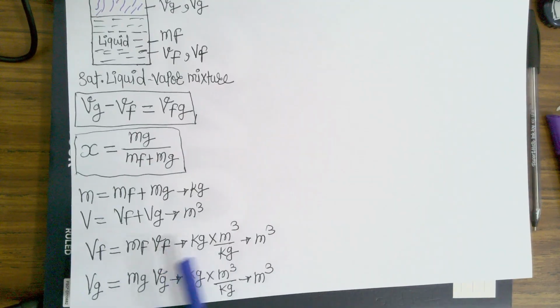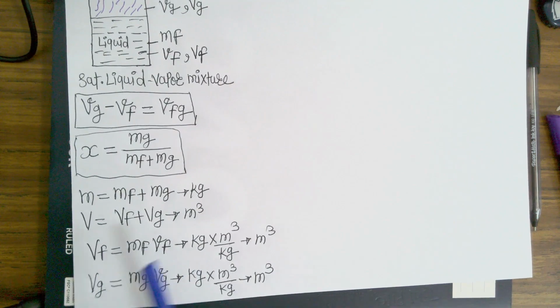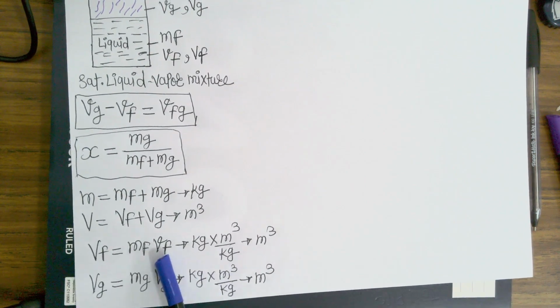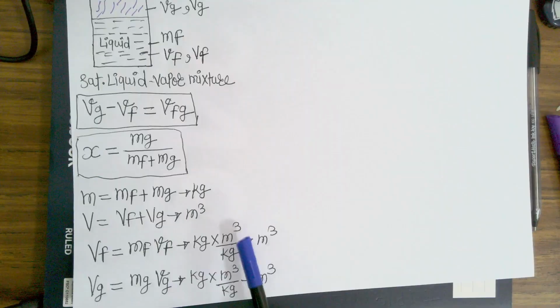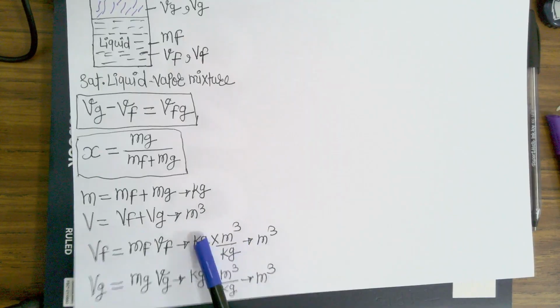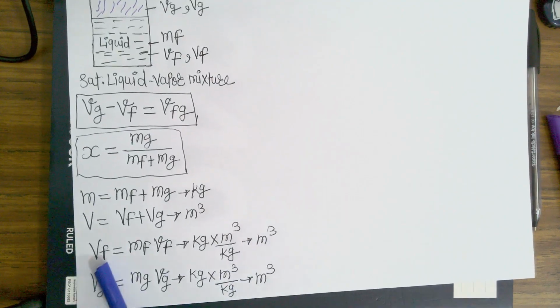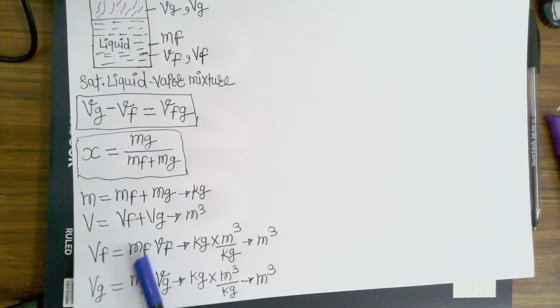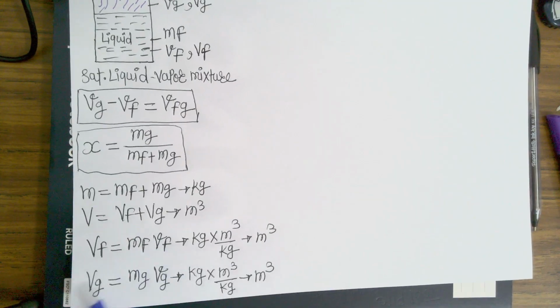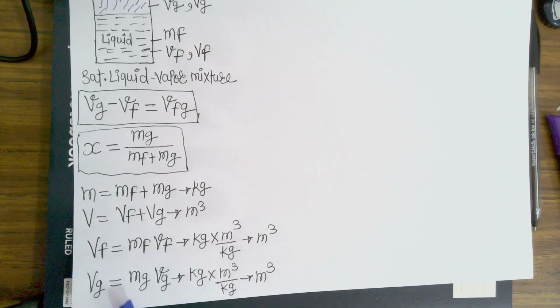Let us check the unit. Mass of liquid is in kg, specific volume of liquid is in meter cube per kg. This kg will get cancelled and we will get meter cube, which is the correct unit of volume. So this formula is correct. I can also write Vg is equal to mg multiplied by small vg.